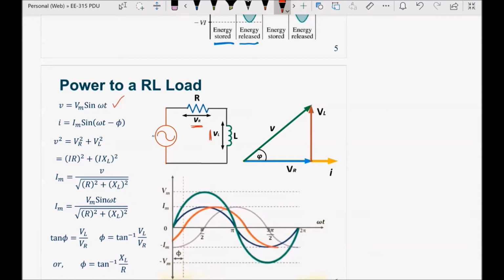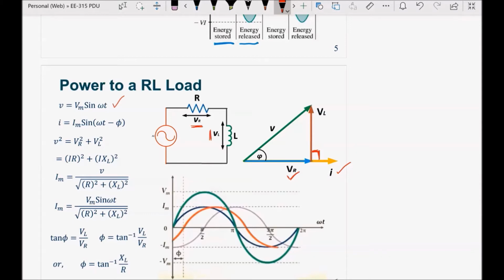Now looking at the phasor diagram and taking VR as reference, the current will follow the same path as VR, which is this, but at the same time it will be lagging VL by 90 degrees. We know that current lags the voltage for a pure inductor by 90 degrees.